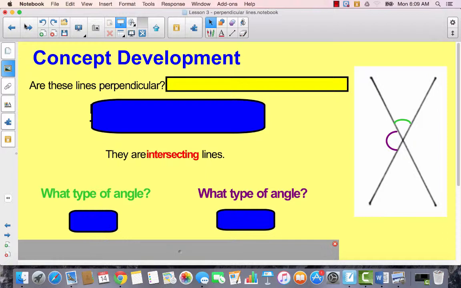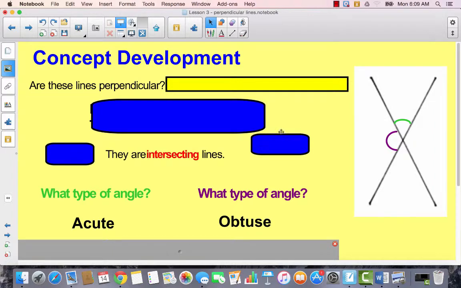No, they are not. They do not meet at right angles. So we call these intersecting lines. Now, if you look at the arc with the green, what kind of angle is this that we learned from yesterday? This is actually an acute angle. And if you look at the purple angle, what kind of angle is this? This is actually an obtuse angle.